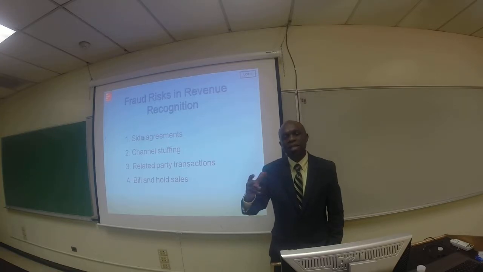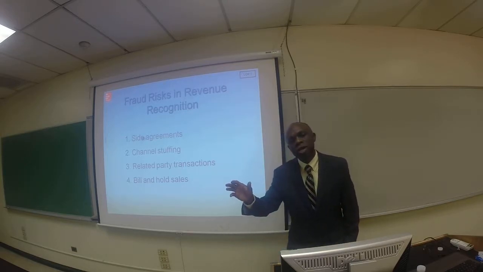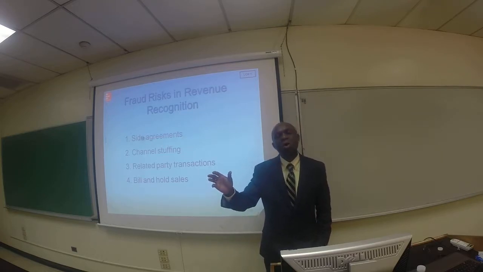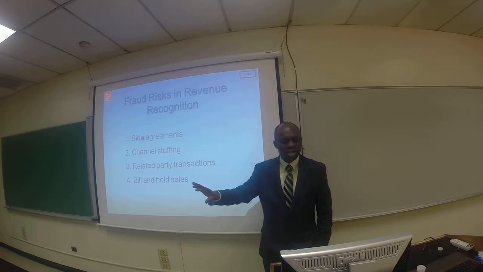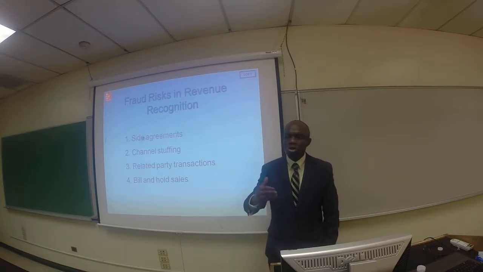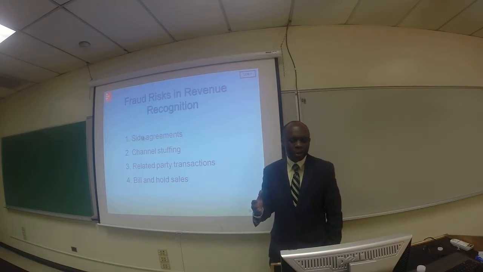But at the end of the year, in order to pad your revenue, you say to some buyers, listen, we will give you 90 days or 120 days, however the case might be, before you can make a payment. It's a side agreement and it is not consistent with your normal policy. So in such circumstance, you wind up recognizing revenue inappropriately.